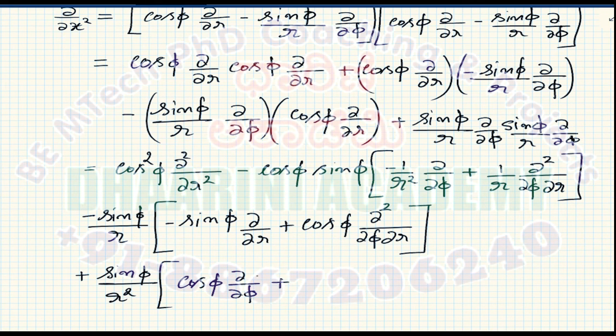Next, plus keep the sine phi as it is, sine phi into dou square by dou phi square. Okay, so this is the expression that we require. All right. This is the dou square by dou x square.